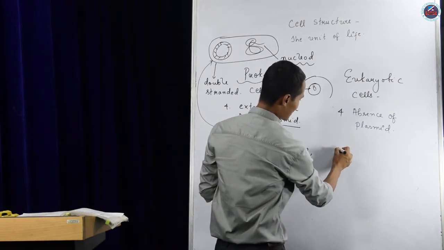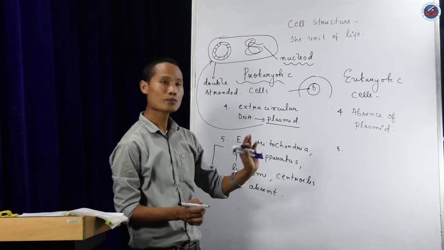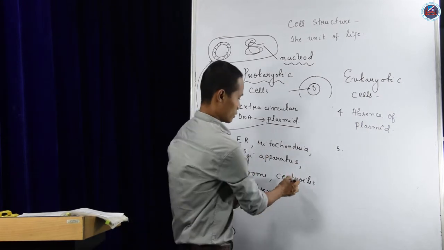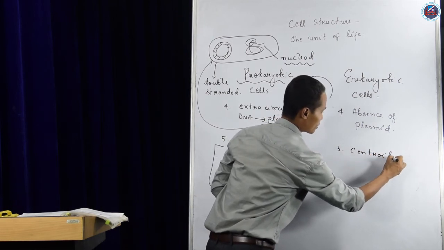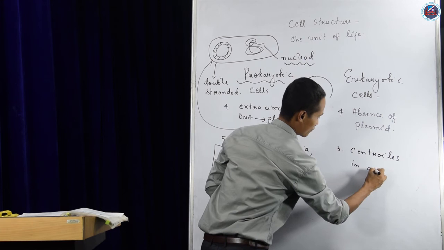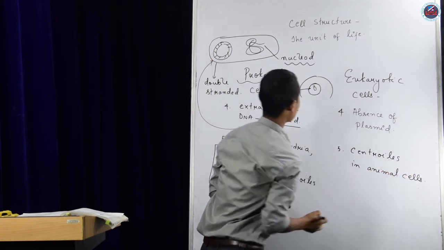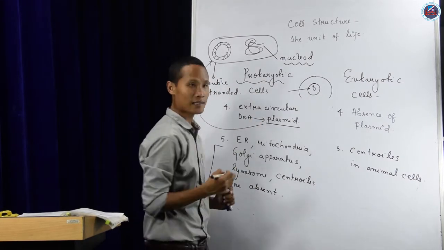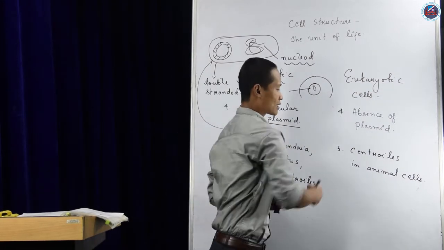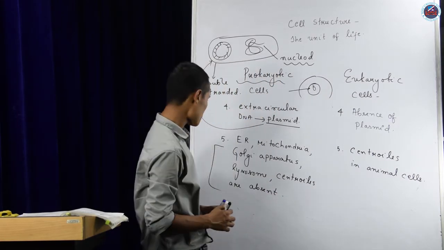In eukaryotic cells, all these cell organelles are present, but especially centrioles are found in animal cells. You can take bacteria as an example of prokaryotic cells, and animal and plant cells as examples of eukaryotic cells.